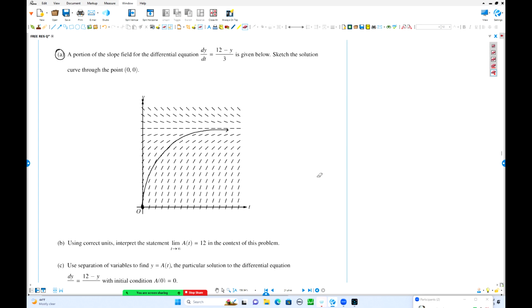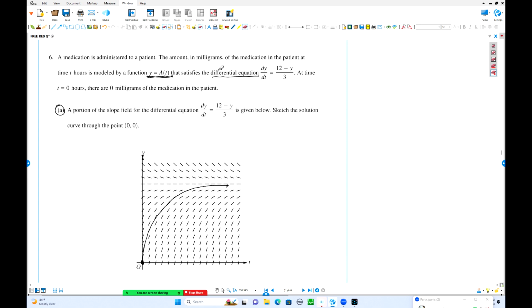Number 2, using correct units, interpret the statement: the limit of f of t as t approaches infinity is 12. That is, the amount of medication is 12 milligrams in the patient.